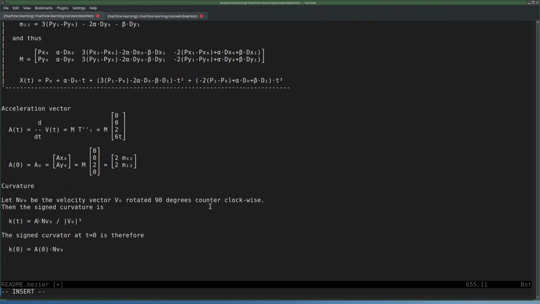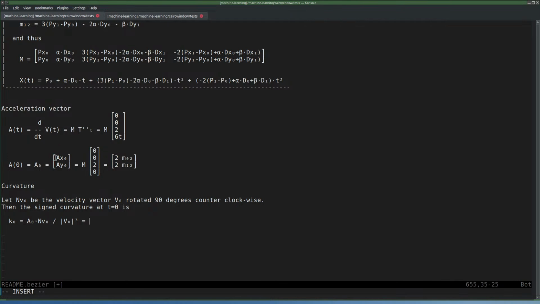Let's just switch directly to sine curvature at t is 0. Now we can fill it in.